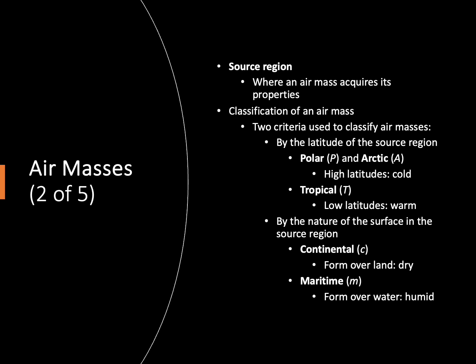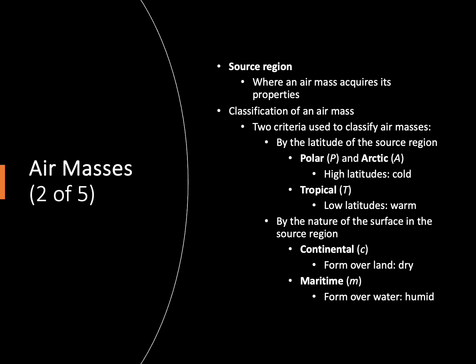So if we have an air mass that's originating in a polar or an Arctic area, these really high latitudes where it's really cold, that air mass is going to be really cold. On the other hand, we can have tropical air masses that are starting off in our low latitudes in our tropical environments, and this is going to create a very warm air mass.